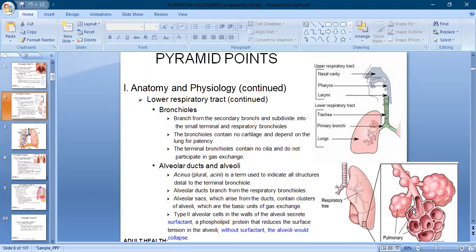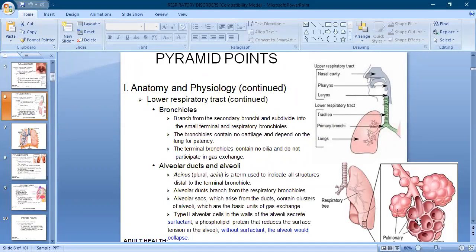So alveoli, sometimes this is a gland called acinus gland, right? Contained inside the alveoli. Alveolar duct branches from the respiratory bronchiole.